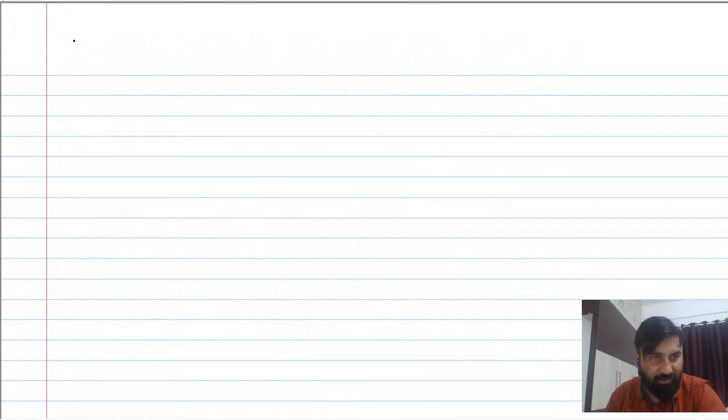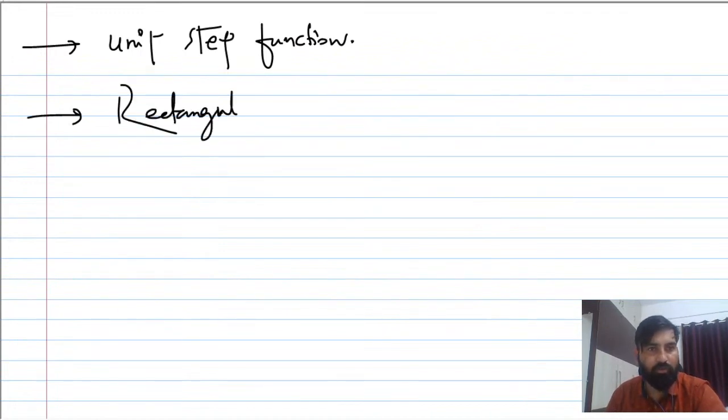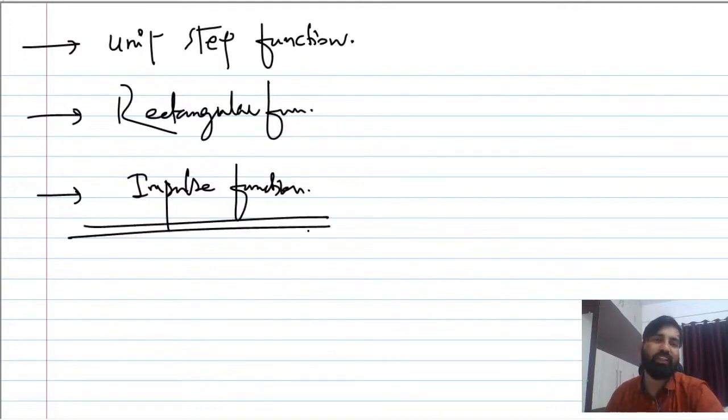So we have discussed the unit step function, the rectangular function, the impulse function, and we have seen the properties as well.